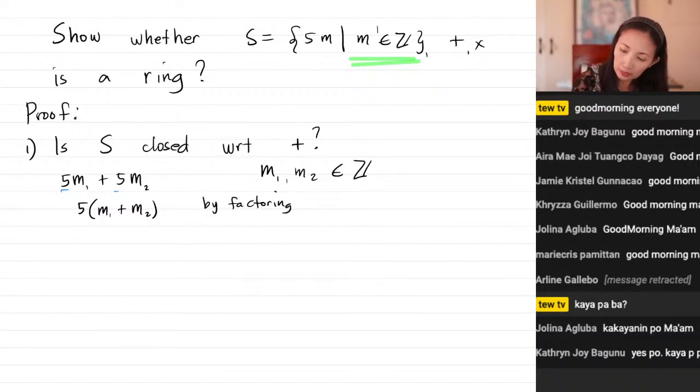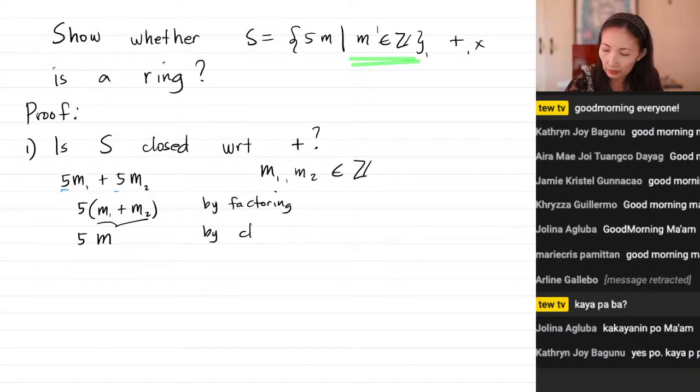Now, take note that m1 and m2 are elements of Z, and when we add m1 and m2, the result is also an element of Z. How shall we reason out? 5m by closure property of addition with respect to the set of integers.